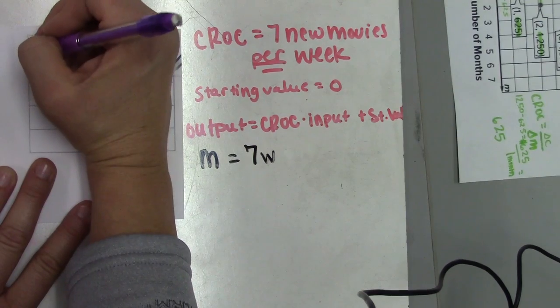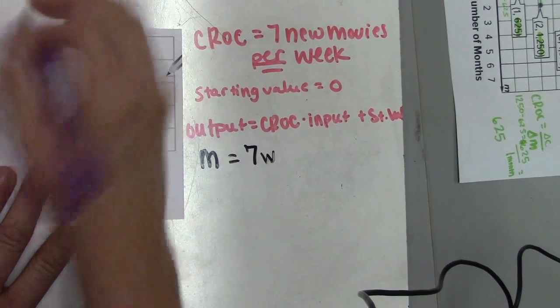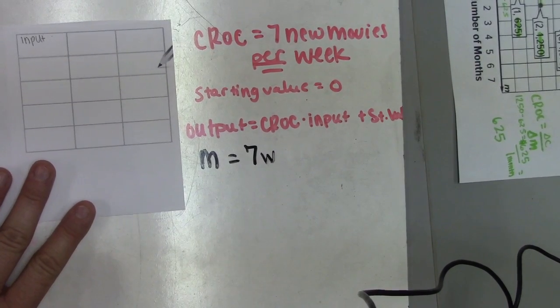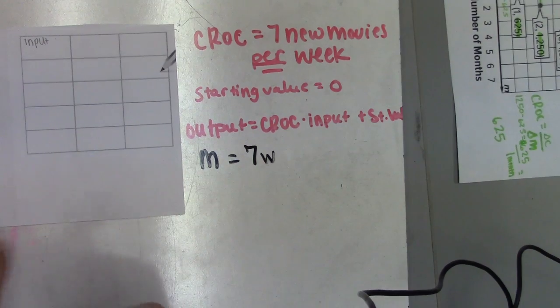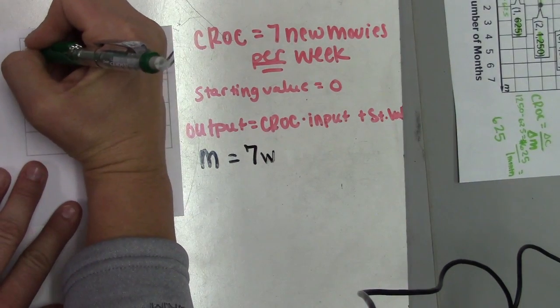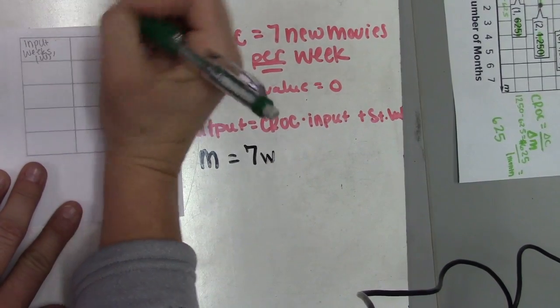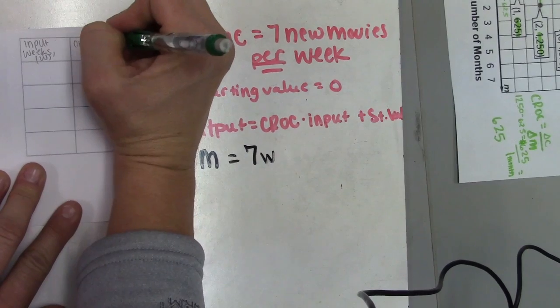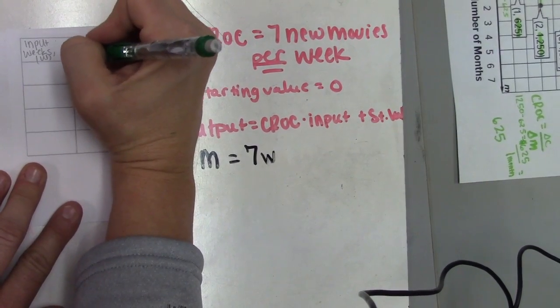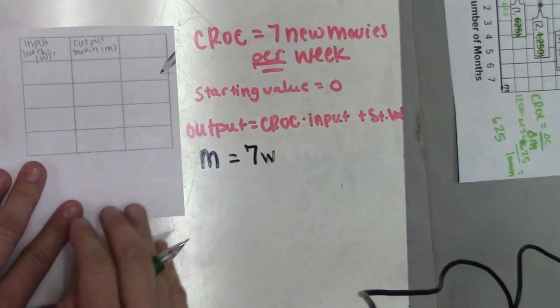The first column I always want to be my input, and my input, we said, was W, or the number of weeks. And the second column, I want to be my output, which we said was the number of movies, or M.